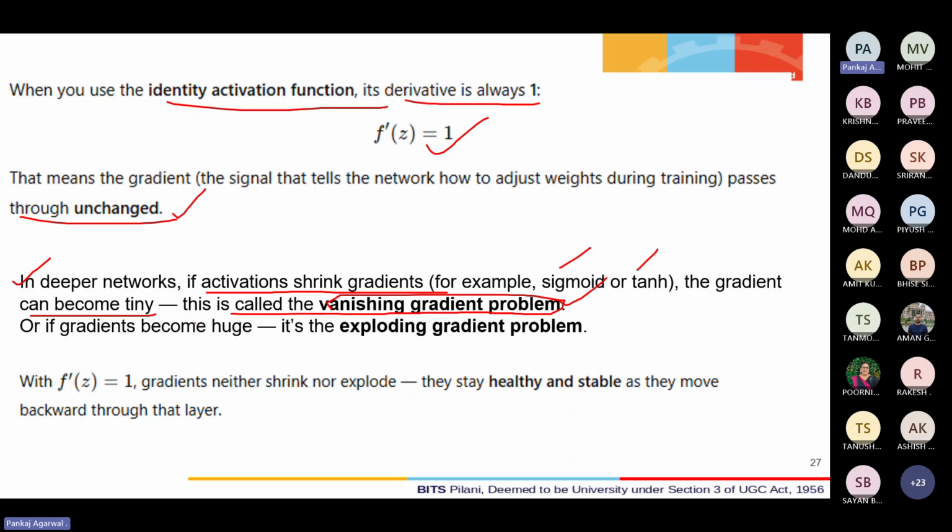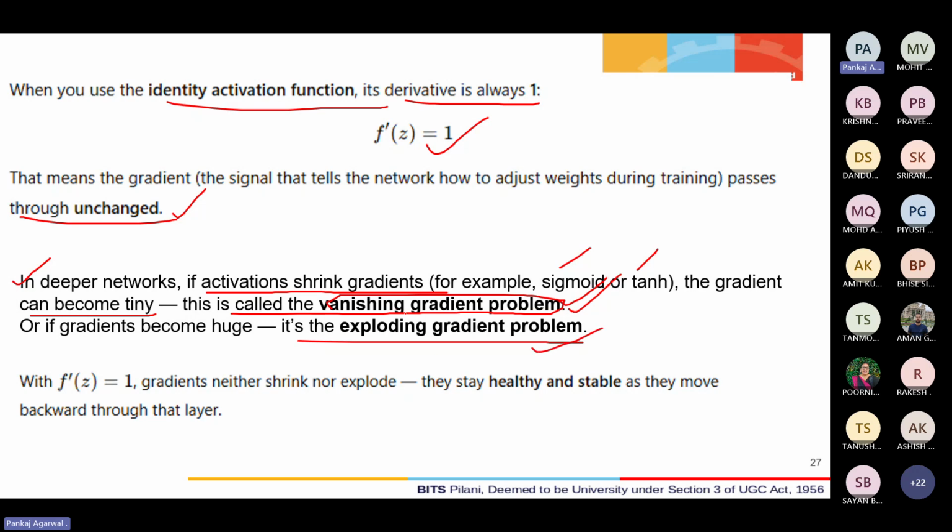And as a result, there would have been a stage where the gradients would have become diminished, and that is what we discussed in one of the sessions, what exactly the vanishing gradient problem is. Or if the gradients become too huge, then it can be the exploding gradient problem also.